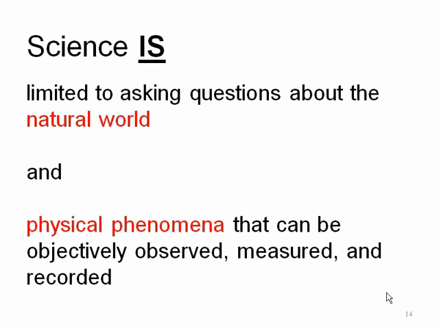Again, science is limited to asking questions and dealing with problems in the natural world. The physical phenomena of the world around us, both in the physical and biological environment, can be objectively observed, measured, and recorded. It's also key to note the term objectively.